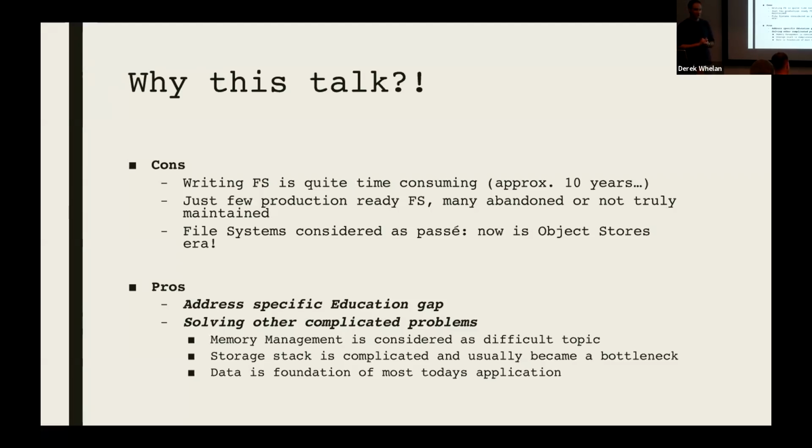So why would you want to move to something else? Also, currently file systems are considered passé, so everyone would like to use object stores, NoSQL databases, and stuff like that. So why would I be interested in file systems?